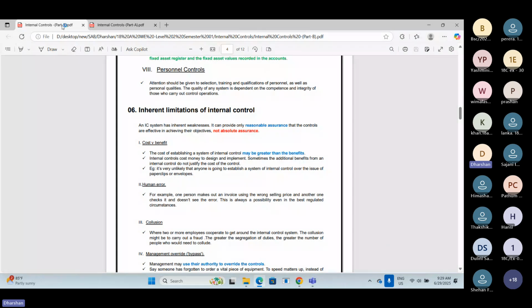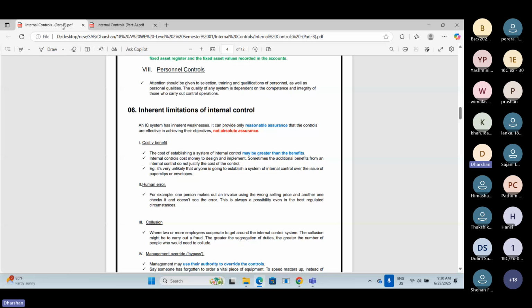If the company implements controls in sales, purchase, cash management, inventory, and PP, then first of all they should incur some cost, either time or monetary cost, whatever cost they should first incur. After that only can they implement the controls.